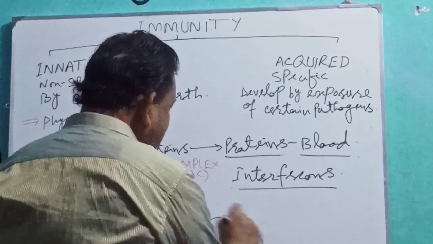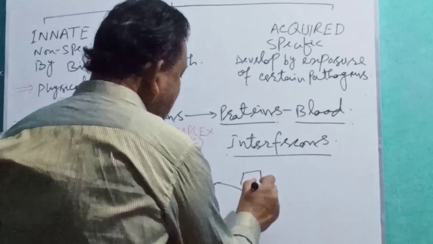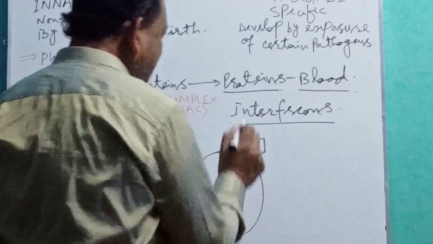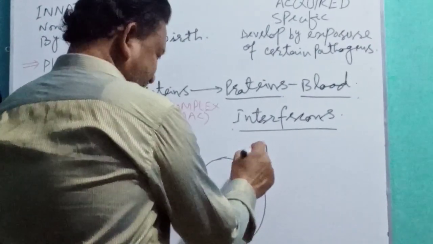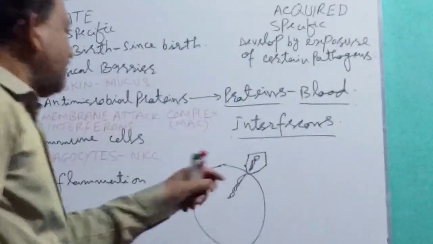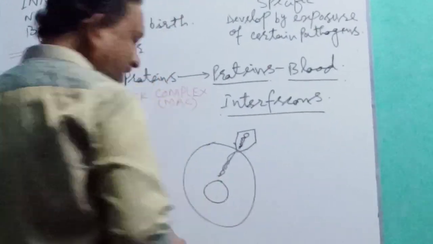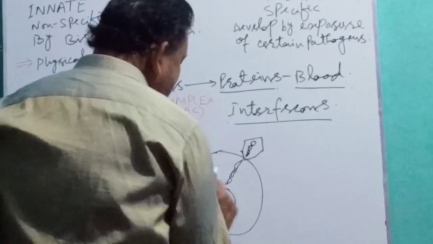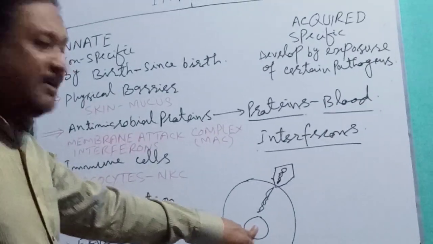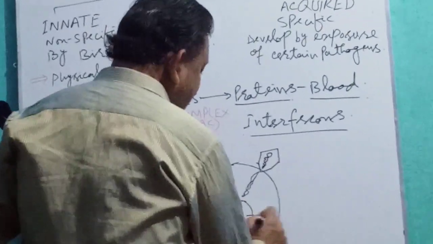When a virus attacks our normal human cell, the virus enters its RNA or DNA into our cell, and the genes present inside our nucleus in DNA are activated and form the interferons.